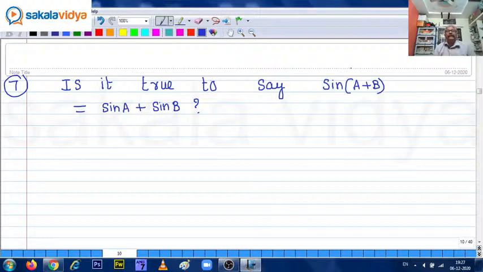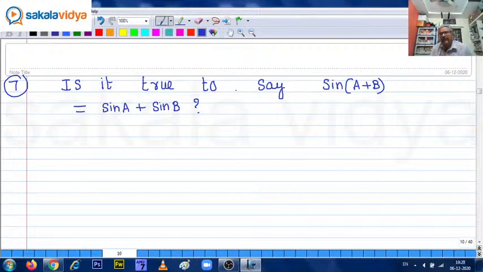So actually, whether sin of a plus b equals sin a plus sin b, we need to check it. In order to check, one counter example is enough. One counter example means we take one example and show it is incorrect. If it is incorrect for even one value, the statement is incorrect itself. Otherwise it would be true for all the values. To say it is true or false, just one example is enough.